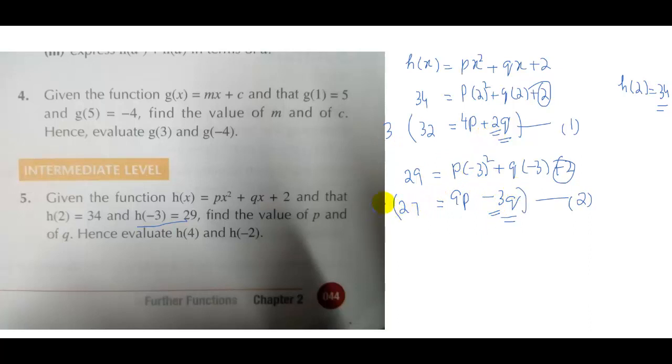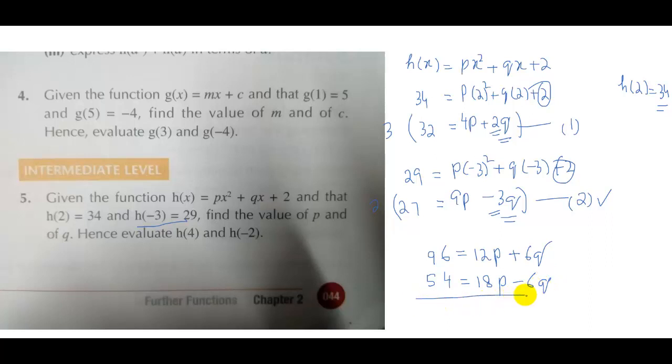So the first equation will become 96 is 12p plus 6q, and the second equation will become 54 is 18p minus 6q.